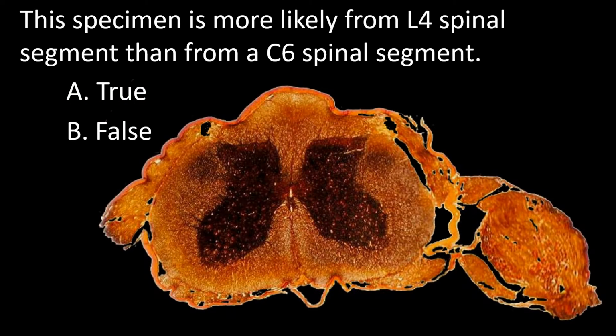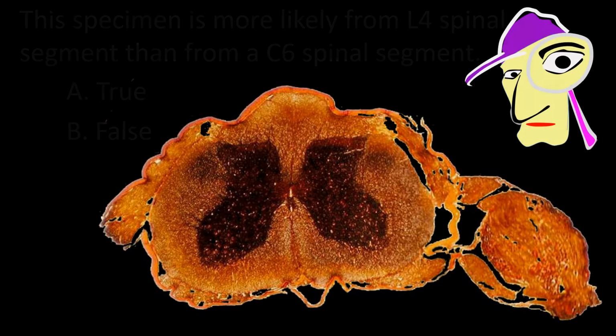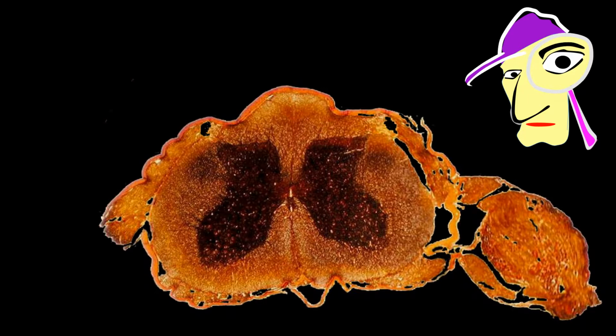Next question. This specimen is more likely from an L4 spinal segment than from a C6 spinal segment. A true, B false. Observation of this specimen does not allow us to determine the presence of gracilis and cuneatus, or if only the gracilis is present.